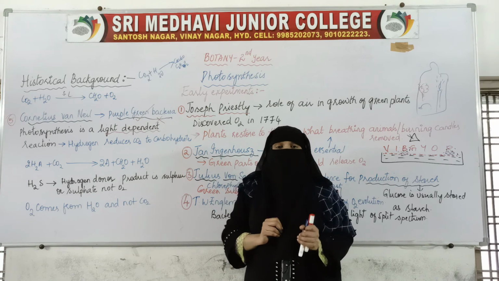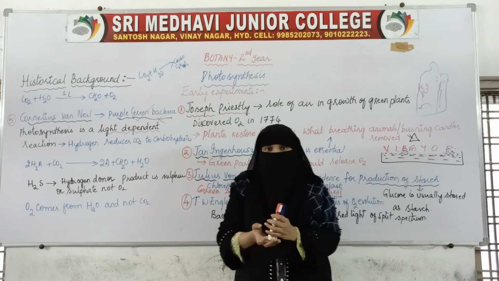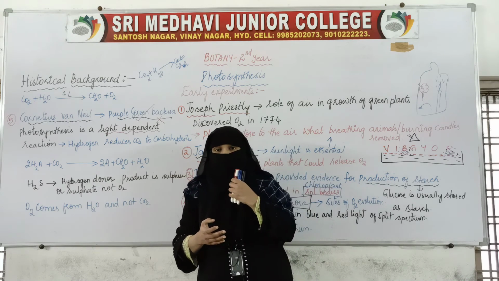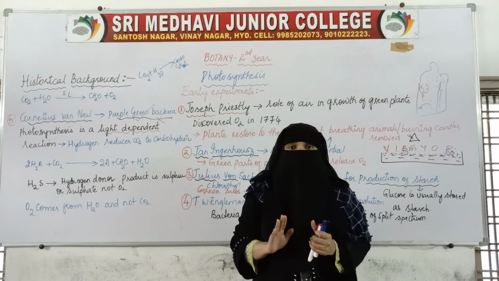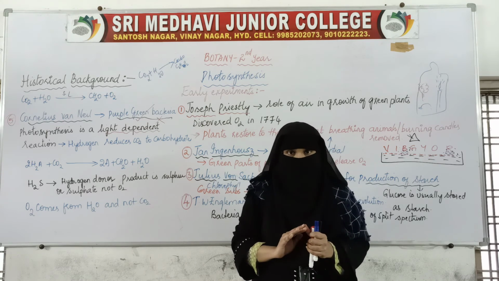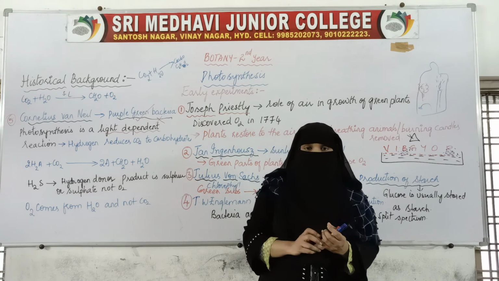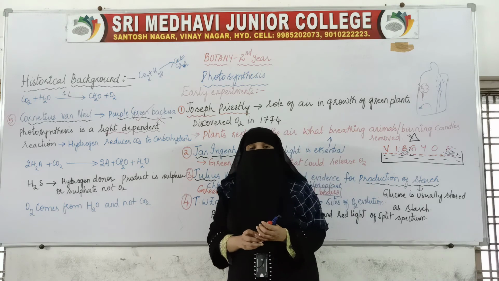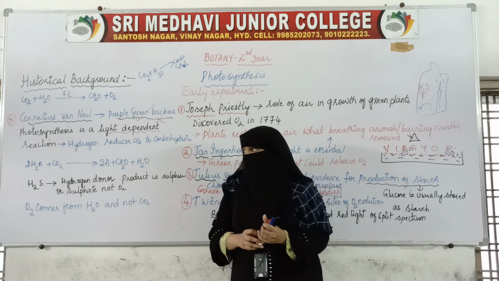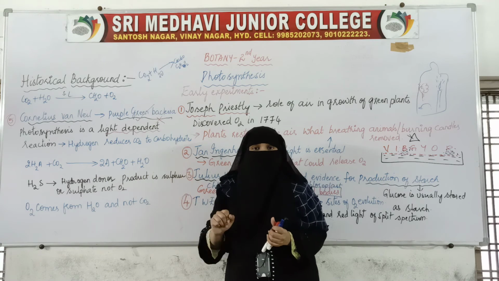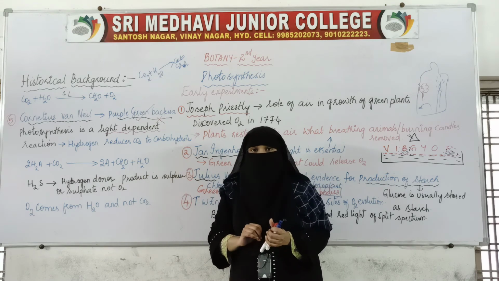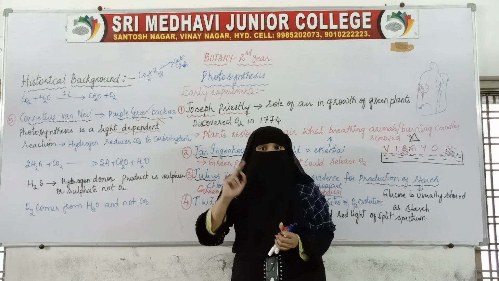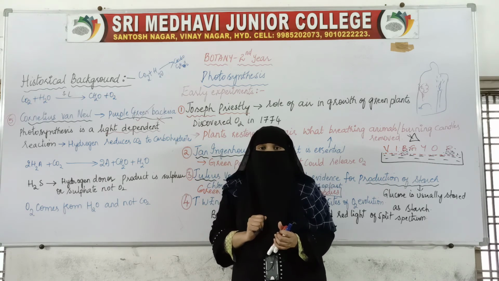But later there were a few bacteria, a few organisms, which did not release oxygen during photosynthesis. Most of the organisms release oxygen during the process of photosynthesis, but some did not. Why did those organisms not release oxygen?